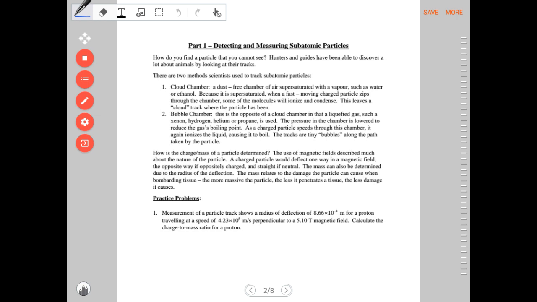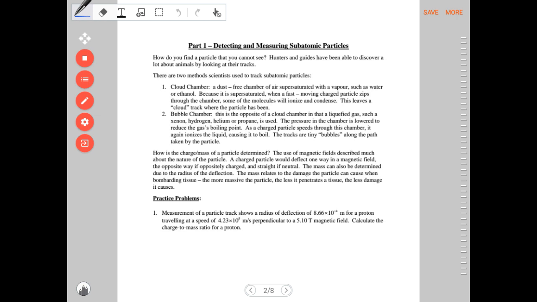Okay, so then how is the charge to mass of a particle determined? We use magnetic fields, which tell us much about the nature of the particle. A charged particle would deflect one way in a magnetic field and the opposite way if it were an oppositely charged particle, right? And of course these things go straight if they're neutral.